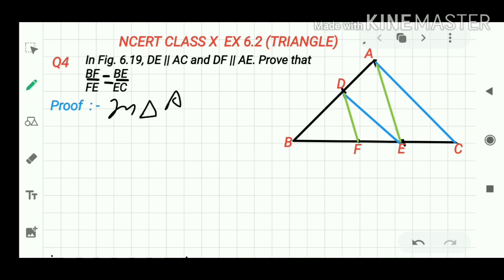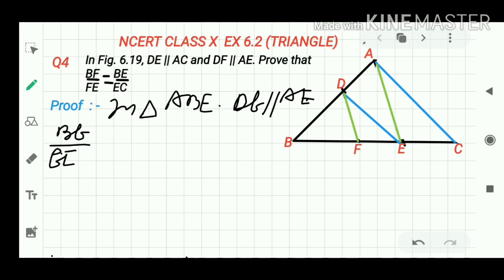in triangle ABE, DF is parallel to AE. So we can write BF by FE equal to BD by DA.